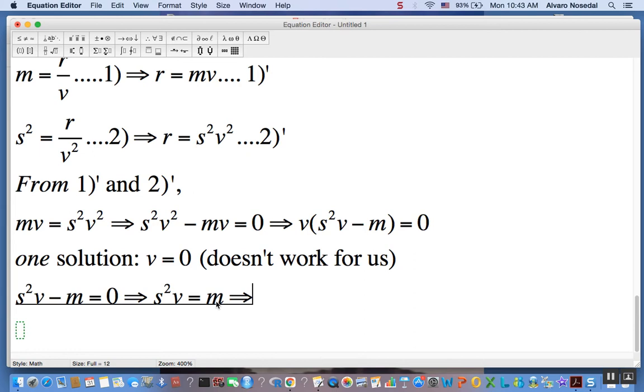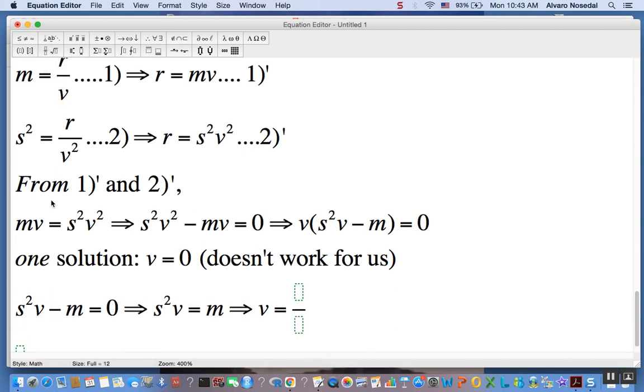Make sense? V equals M divided by S squared. Okay?